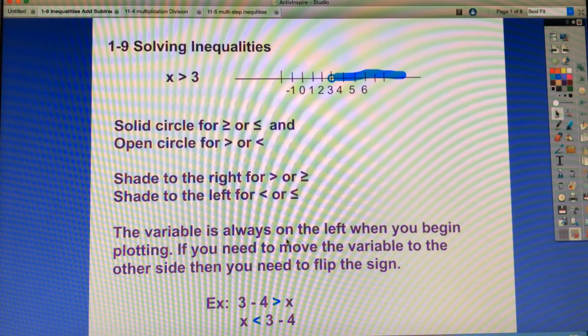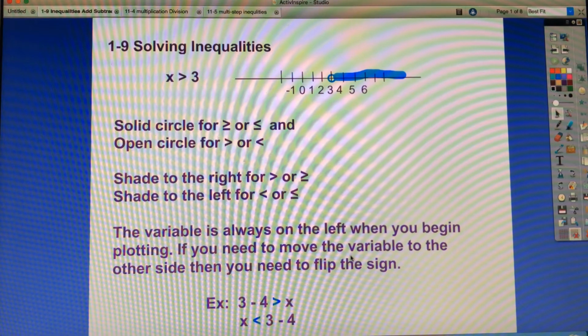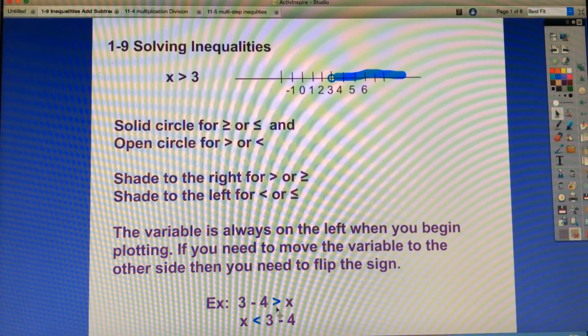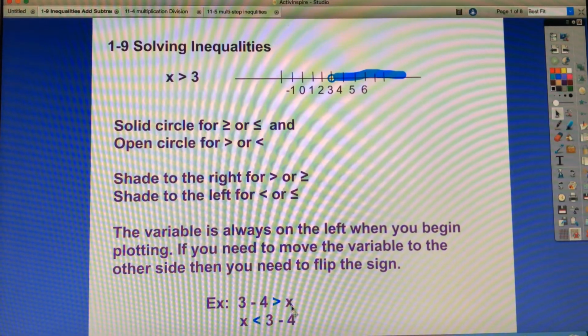Keep in mind that the variable, that's the x, that's the letter of the alphabet, is always on the left when you begin plotting or graphing. If you need to move the variable to the other side, then you have to flip the sign. So in this case, I have 3 minus 4 is greater than x. I want x to come first.